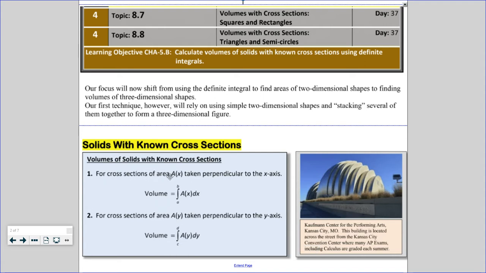If you are taking the area perpendicular to the x-axis, everything's going to be in terms of x. So if I go ahead and let me get my tablet out here. And turn it on would help too.